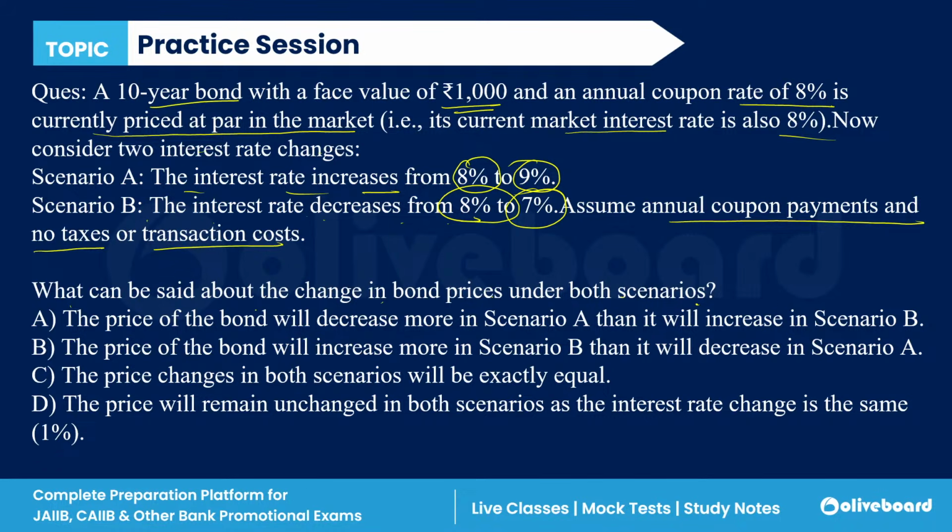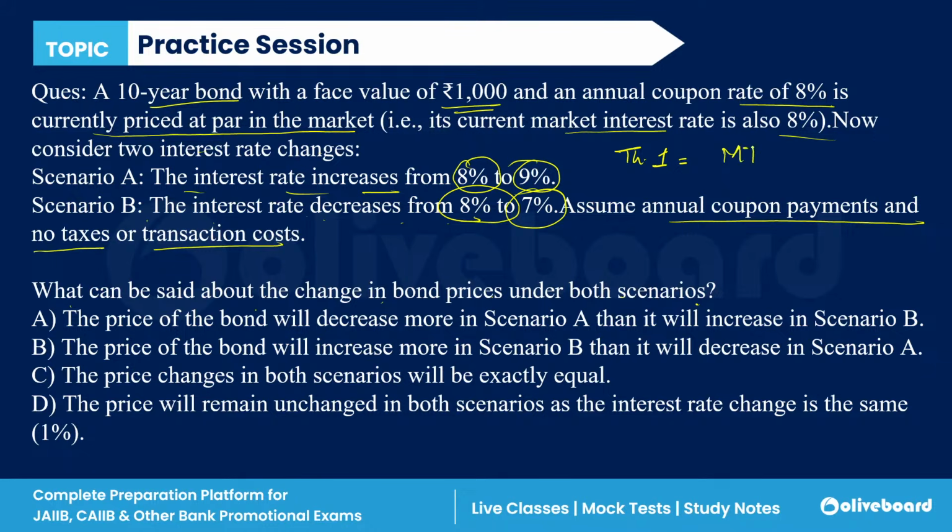Okay, so the answer is coming A. Prabhu is also saying A, Harsh is also saying A, everyone else. So here again we have to use the two bond theorems. First of all, theorem 1 says that there is an inverse relationship between bond price and the interest rate.